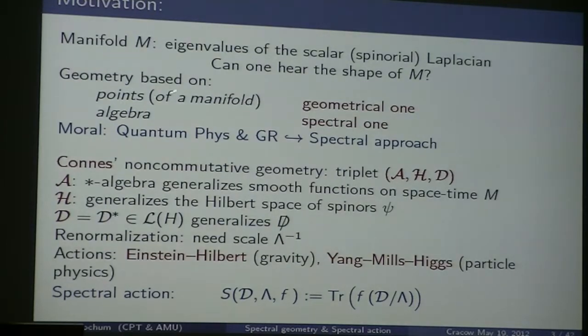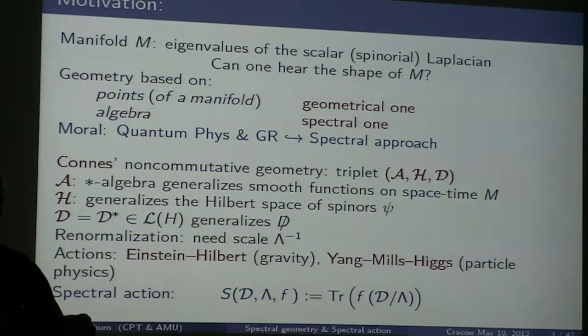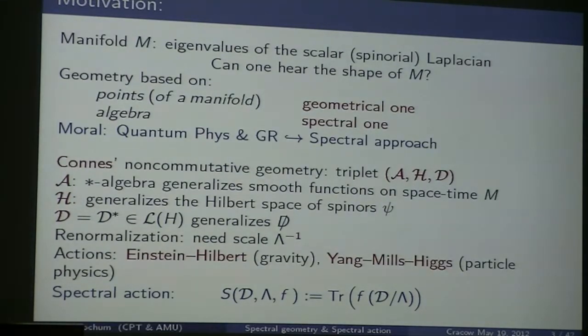So in some sense you have two types of approach to geometry. The first one is based on points, say on manifolds, so you have a point and neighbors and a chart, atlas, and so on and so forth, and which is the usual geometrical approach. But you have also this approach which is given by the algebra.